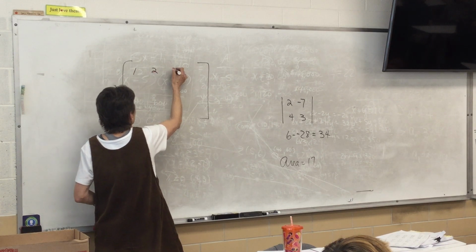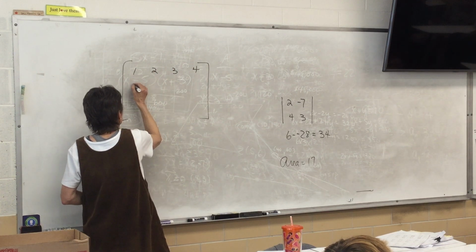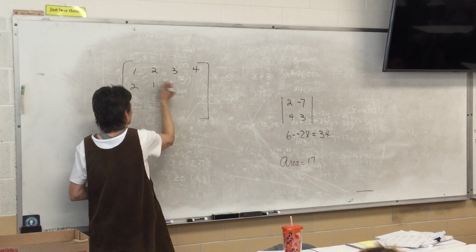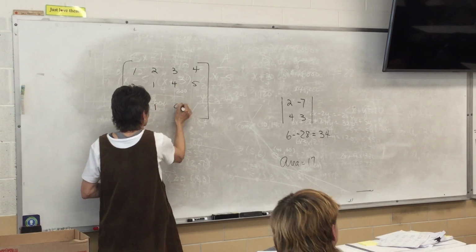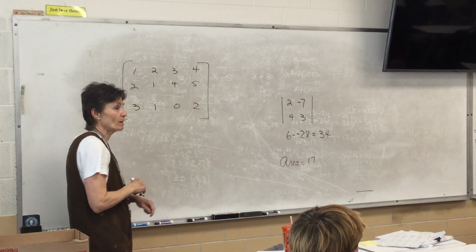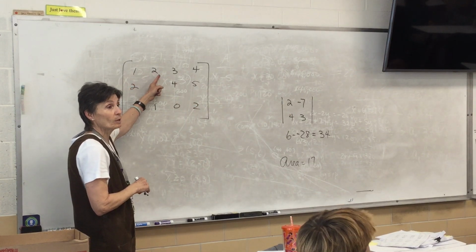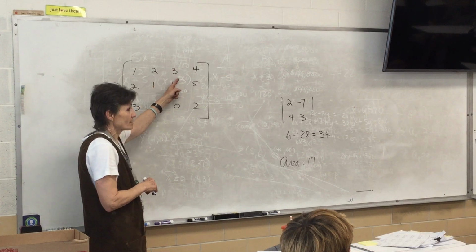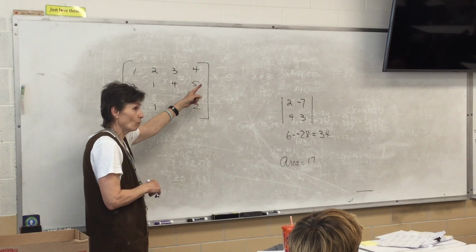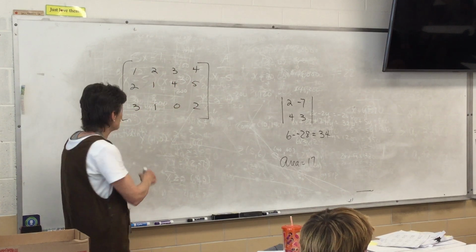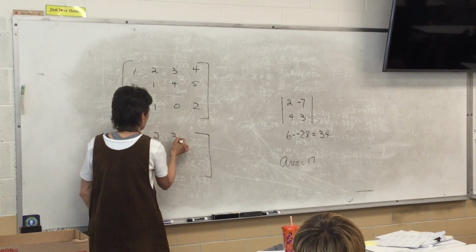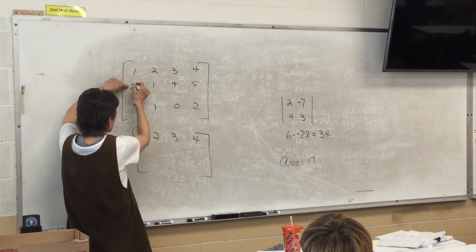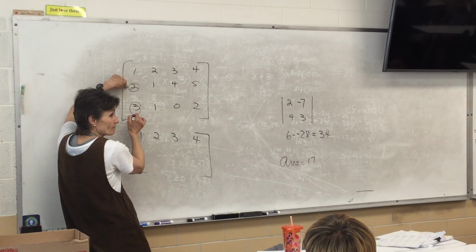So if I had a system of equations that look like this, okay, there's my system of equations. X plus 2y plus 3z equals 4, and so on. You need to remember how to get zeros here first.